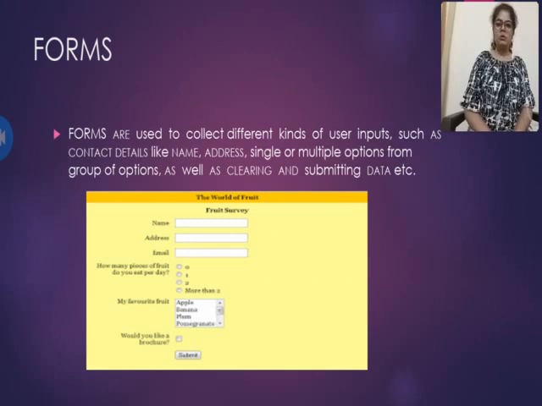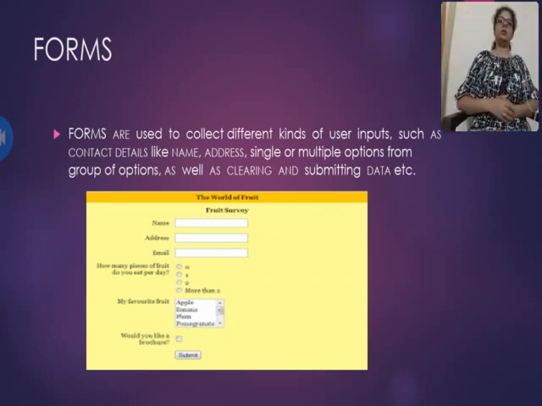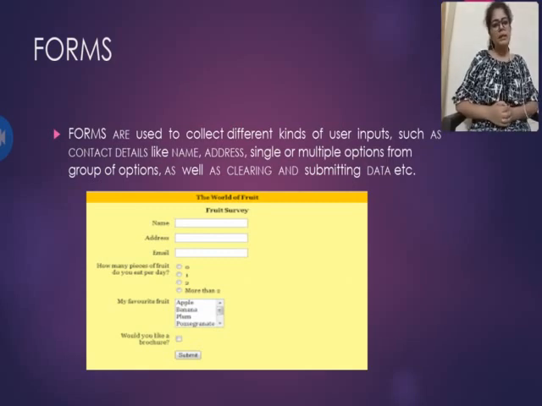Radio buttons are used through which user can select only one option. Next is selection box, which is used to select multiple options, and the next is check boxes. Check boxes are used to select multiple options, and the last button is submit button. Submit is used to submit the information. So we have studied about forms in the 11th standard.